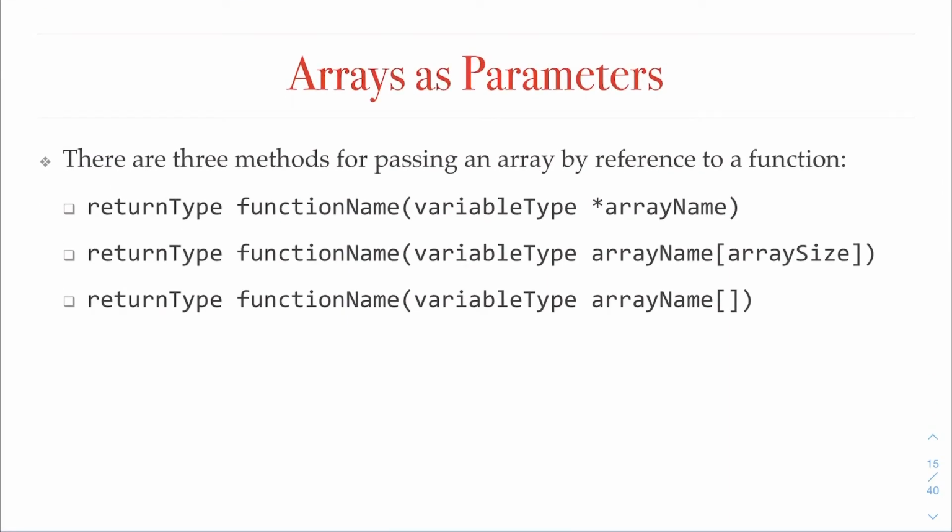Now let's talk about arrays. Well, so far you know what an array is, right? And then you may wonder, what if I pass an array into a function? Well, that's kind of annoying, because there are several ways for you to pass the array into your functions.